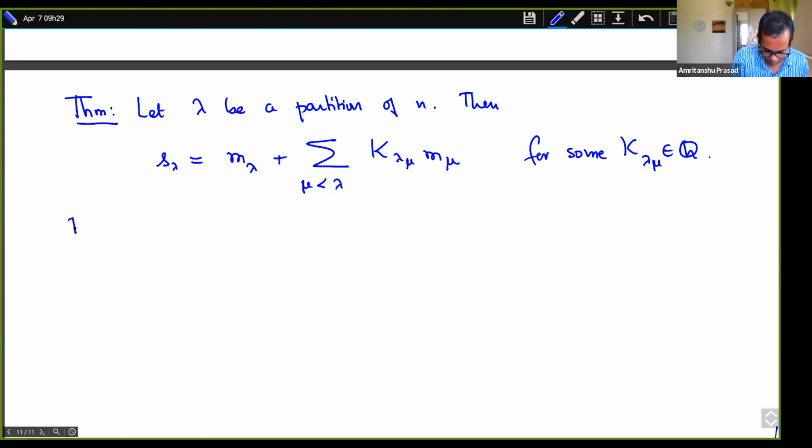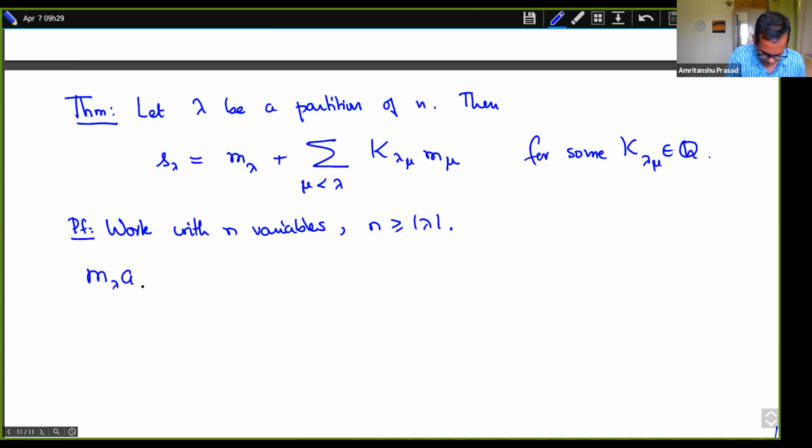So the proof for this, we'll work with n variables where n is greater than or equal to the size of lambda. And if we show it for every such n, then we are done. And so what we have is, what is m lambda times a delta?